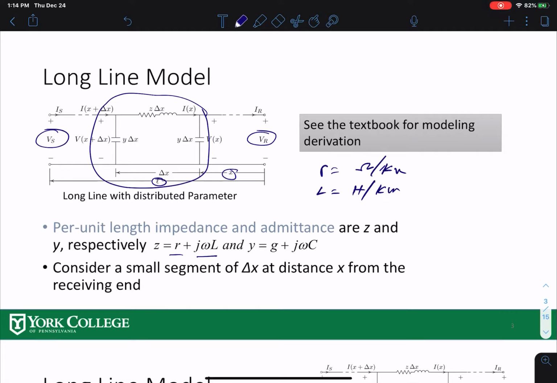Then your G is 0 because we are assuming there is no current conduction between line or line to neutral, so conductance is 0. And your C is in Farad per kilometer. So these are the units here. Small z and small y are the impedance and admittance per unit length, which is per kilometer.